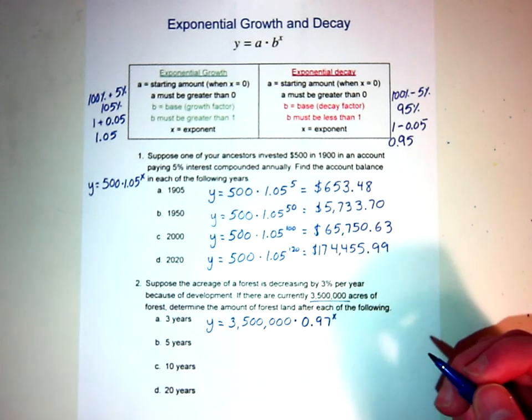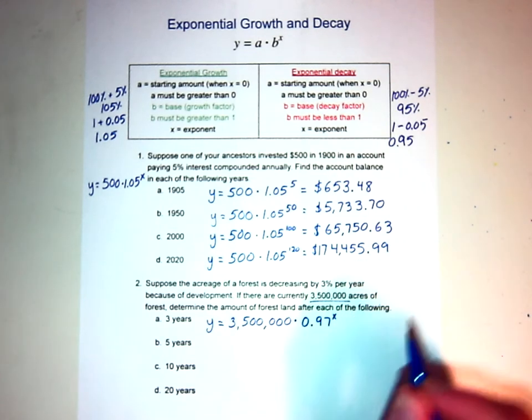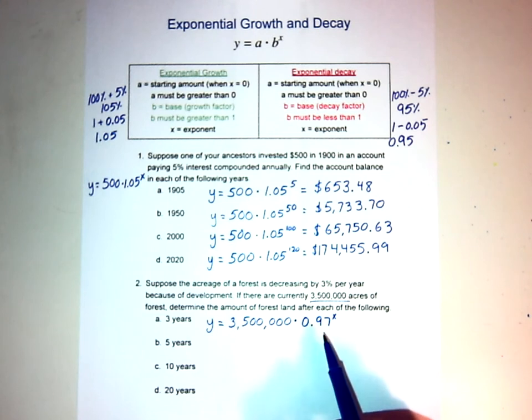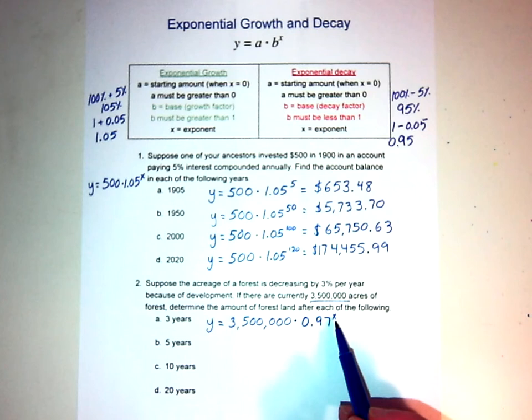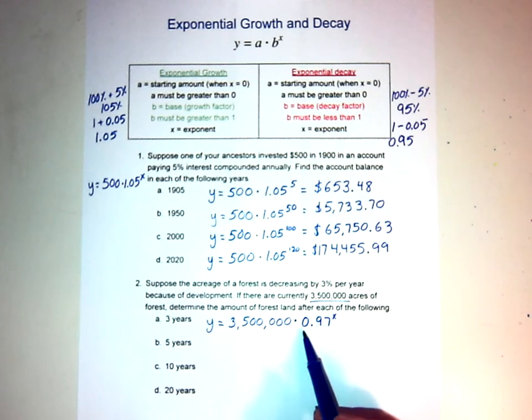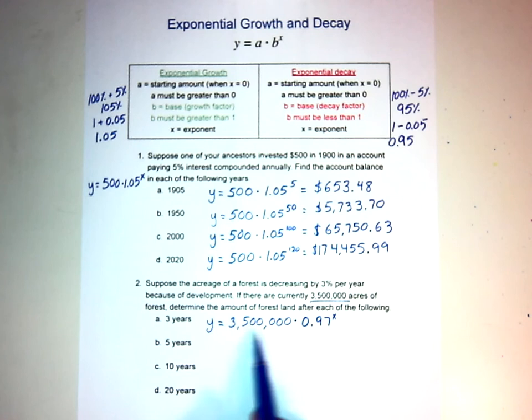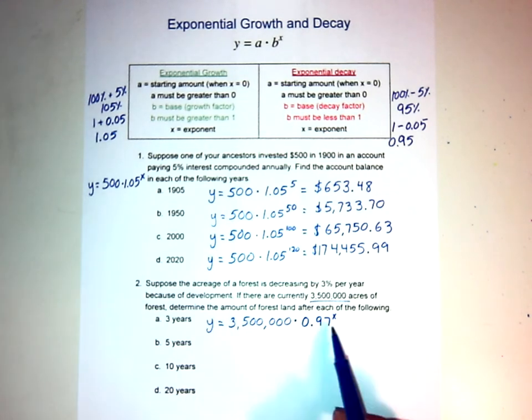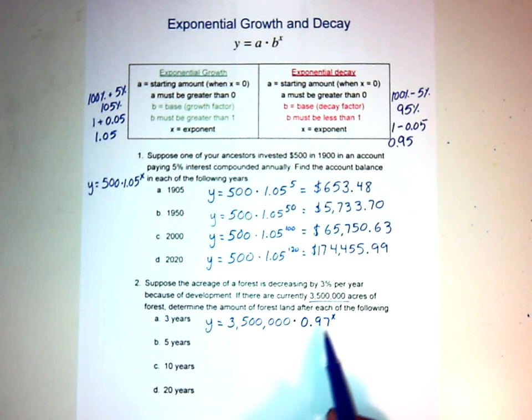So, here's the thing. Let's unpack this. If it was to the 0th power, so after 0 years, that would be 0.97 to the 0th power, which is 1. So it would be 3,500,000 multiplied by 1. Well, that would equal the value we have. So that's correct. And then after 1 year, 0.97 to the first power is 0.97.